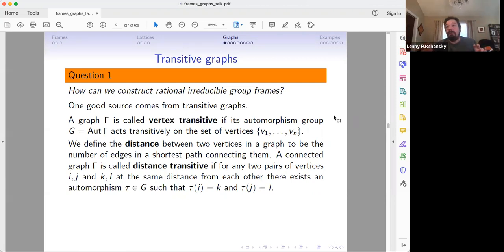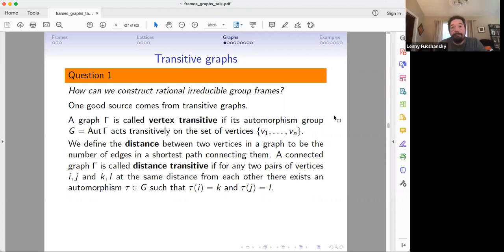So essentially, paths of the same length can always be taken to each other by an automorphism. Okay, so distance transitive is necessarily vertex transitive, but it's a much stronger condition.